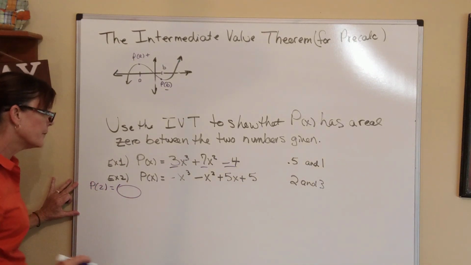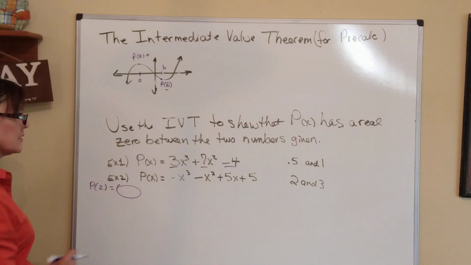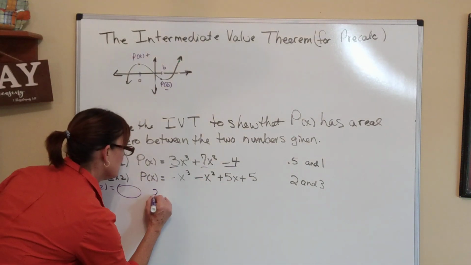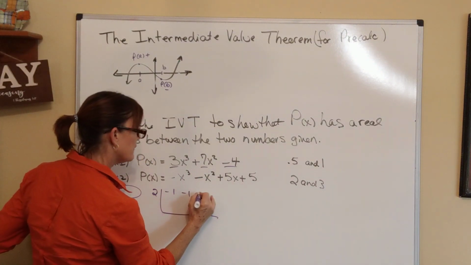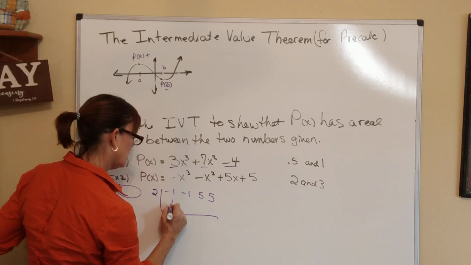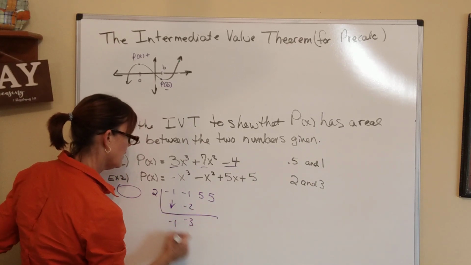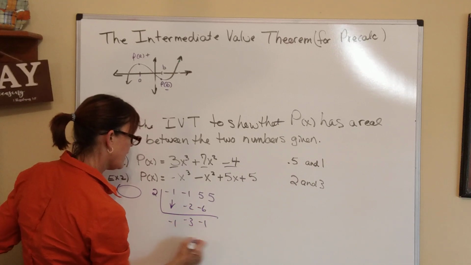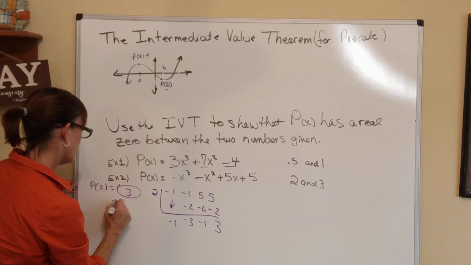To evaluate this polynomial for P of 2 using synthetic division, you'll write down the 2, and you'll put in the coefficients, -1, -1, 5, and 5. Bring it down, -1, multiply up, -2, add, multiply, add, multiply, add. This is 3, and this is positive.